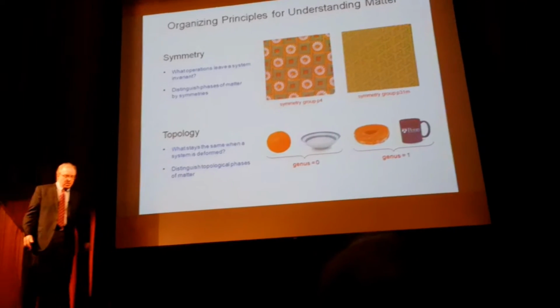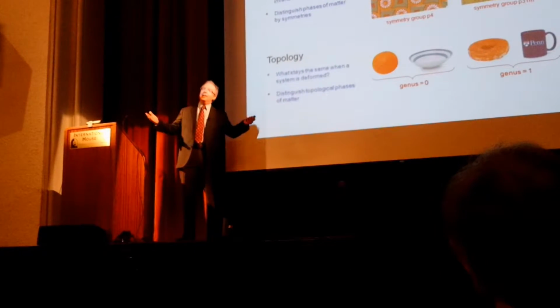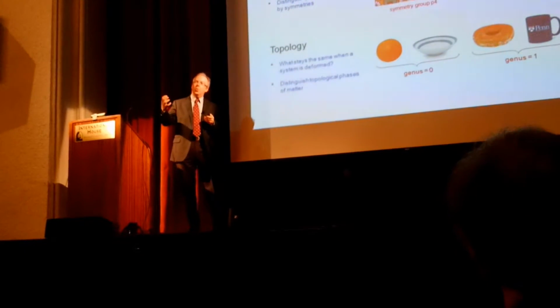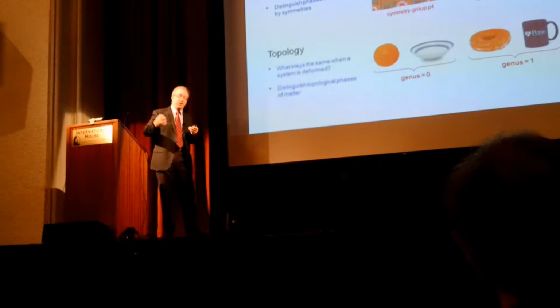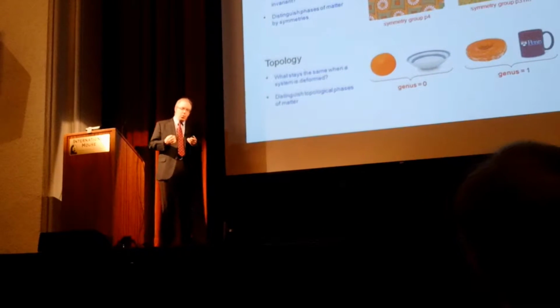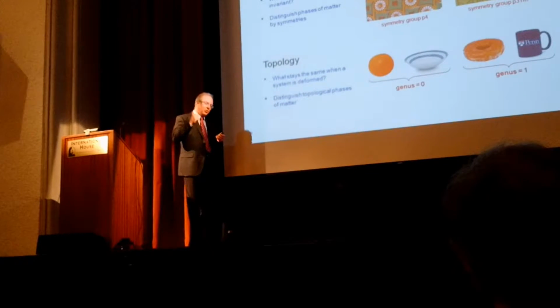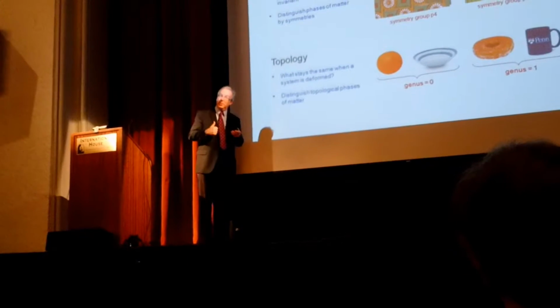In physics, we're taught from our very beginning days that symmetry is a very powerful tool for simplifying the study of things. When we teach freshman physics, we try to drive home the idea that the first thing you do about a problem is to think about the symmetries.